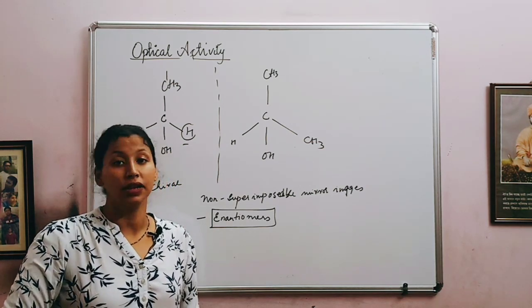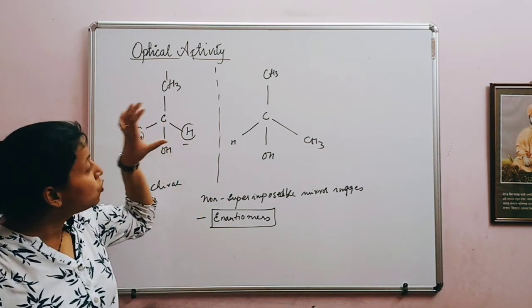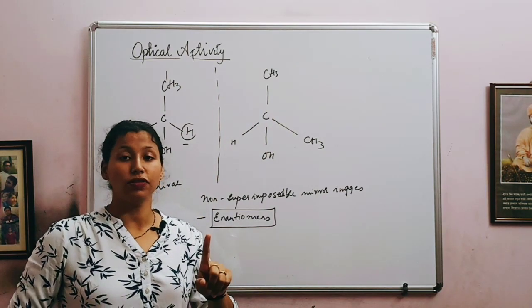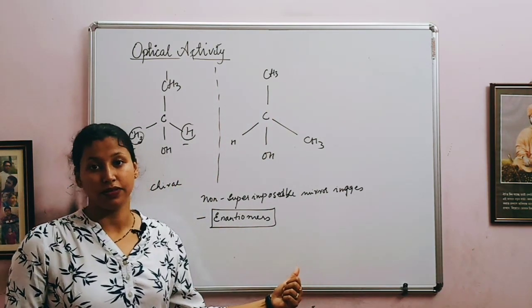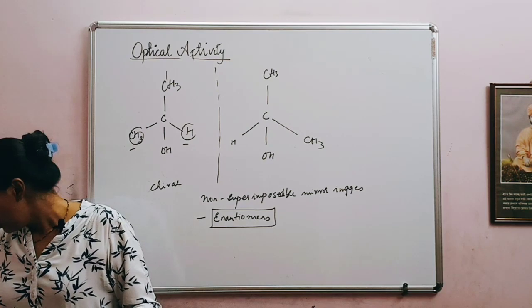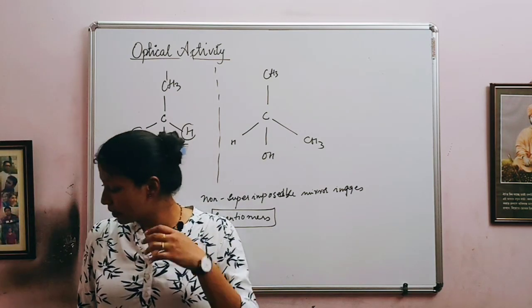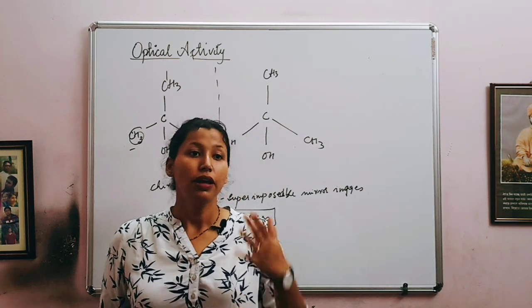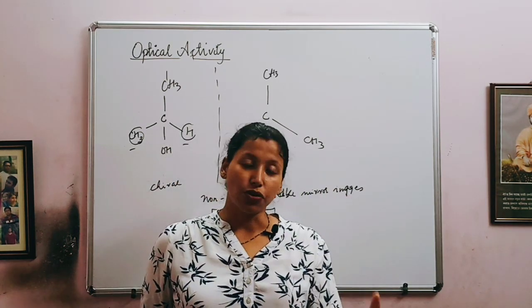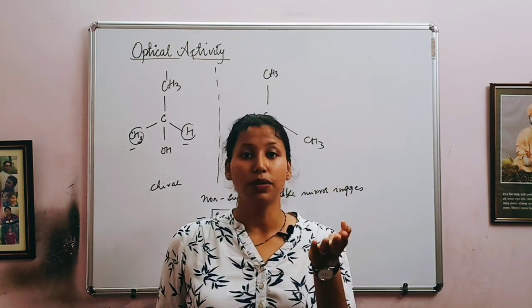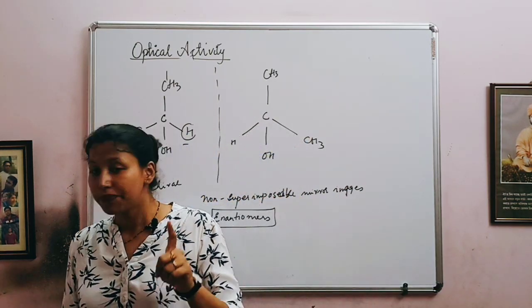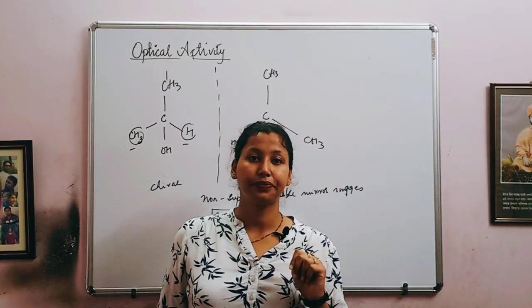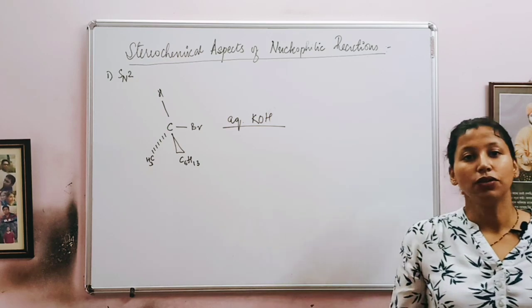What are enantiomers? Non-superimposable mirror images are called enantiomers. Done? Okay, so I'll give you a few molecules for example, which you can draw the mirror image and check for yourself whether they are superimposable or not. Okay, I'll stop here. Let us continue.